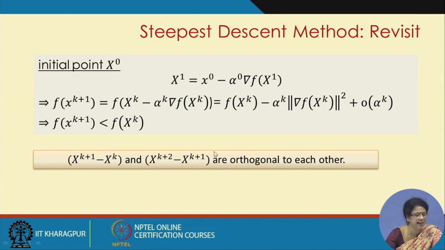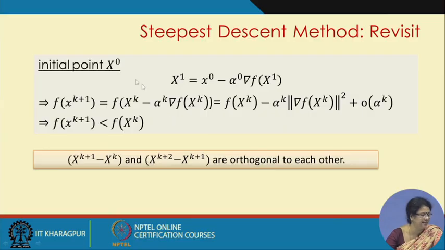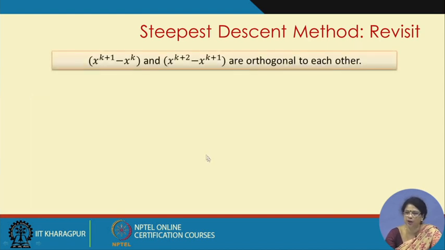If we consider k equal to 0, then certainly we can say that x1 minus x0 and x2 minus x1 are both orthogonal to each other. We are going to prove it. Okay? For proving that, what do we have to do? We have to consider the inner product of two vectors. What are the vectors?